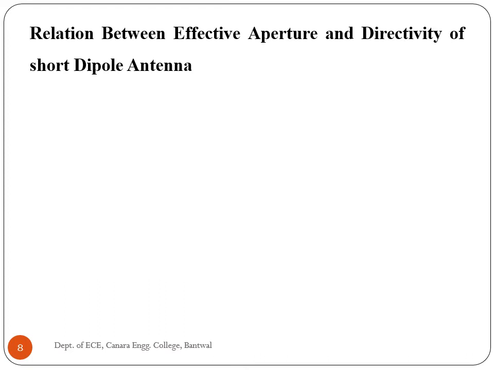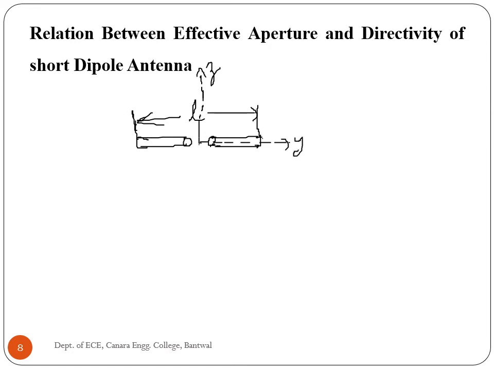Relation between effective aperture and directivity of short dipole. Consider the short dipole with length L, the radiation resistance RR, current I. A plane wave is incident on a short dipole.